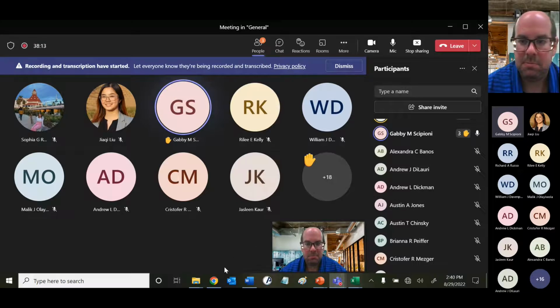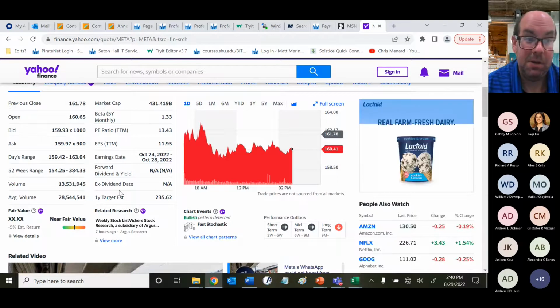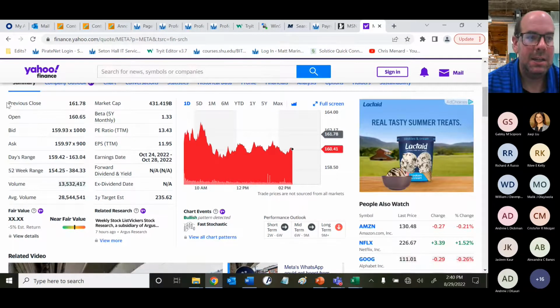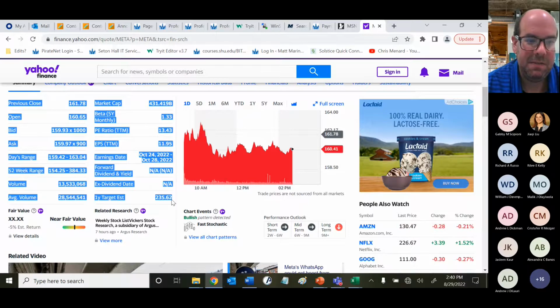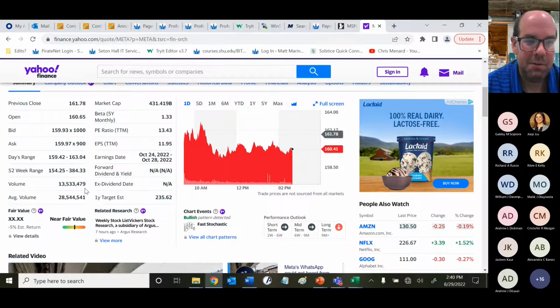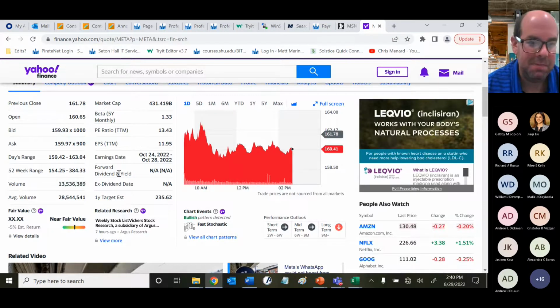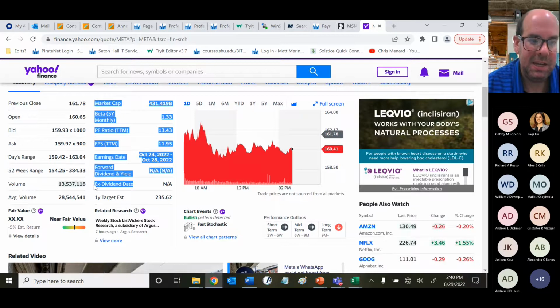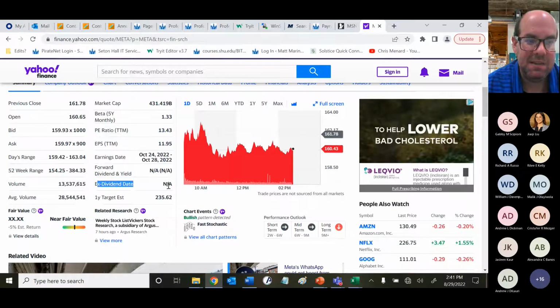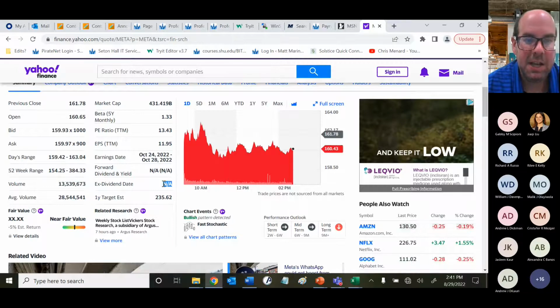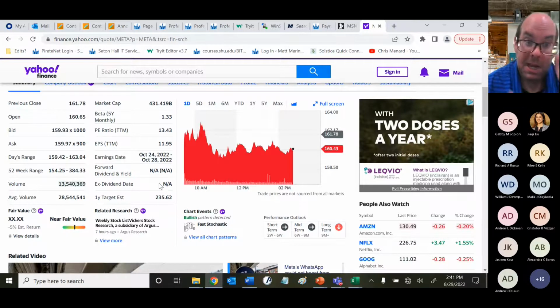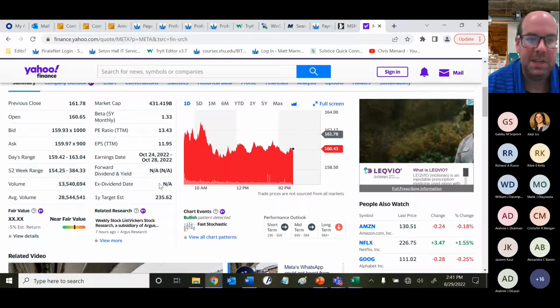My volume on my computer isn't very good. Sure. So we have this entire box of information here. What might give away whether or not a stock has a dividend? Where it says dividend and yield. Technically, yes, but also right below it: ex-dividend date. If it has a dividend, instead of NA, it'll show an actual date for when the next dividend is or the most recent dividend.